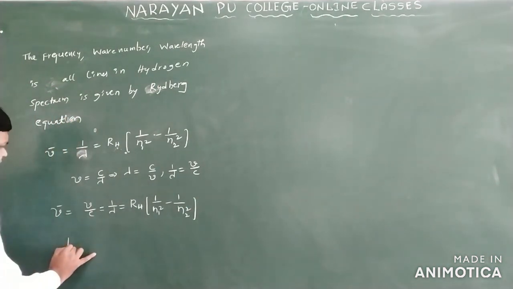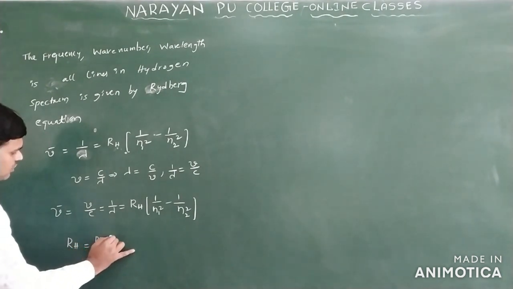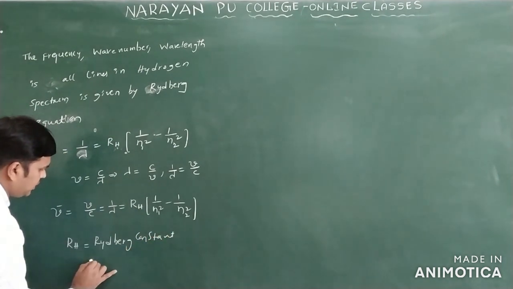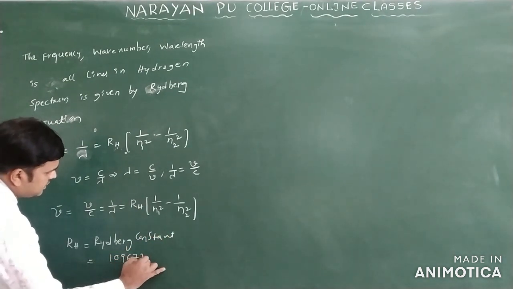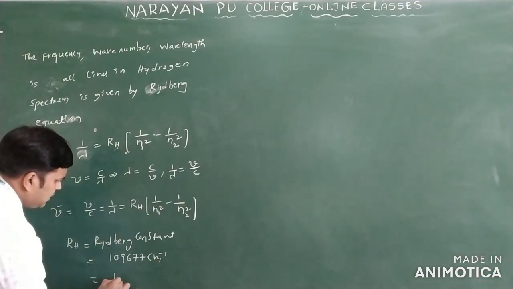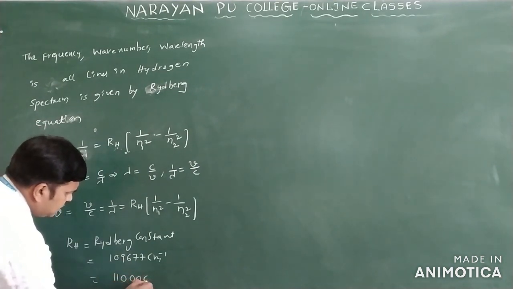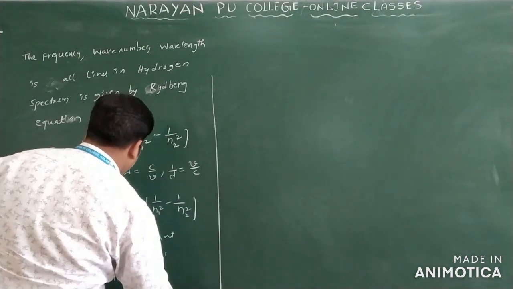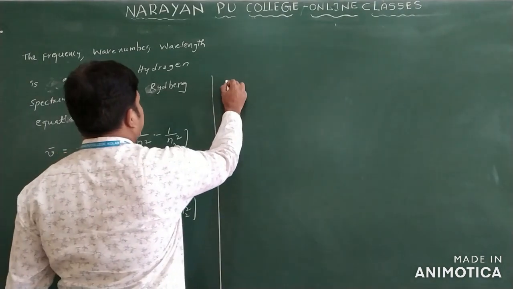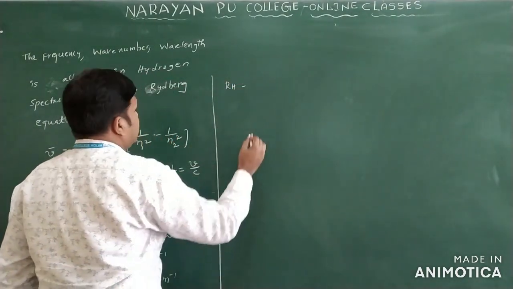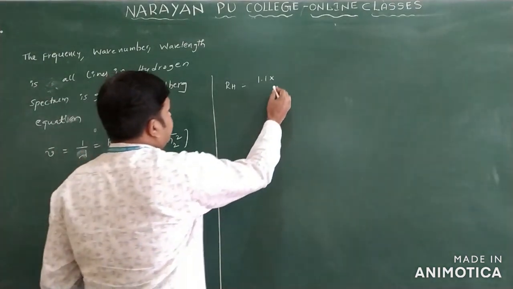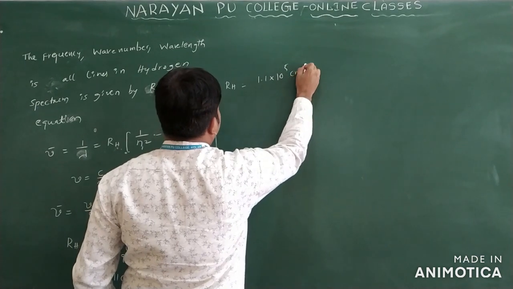So what is RH here? RH is called the Rydberg constant. Its value is 109,677 centimeter inverse, or you can write it as 1.1 into 10 power 5 centimeter inverse.